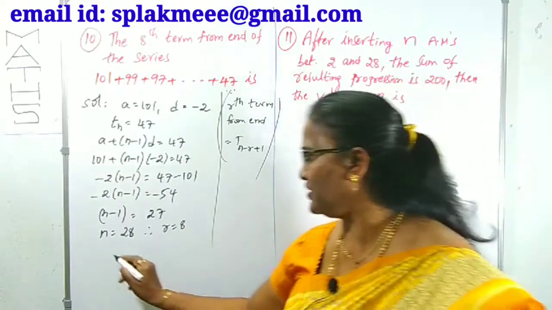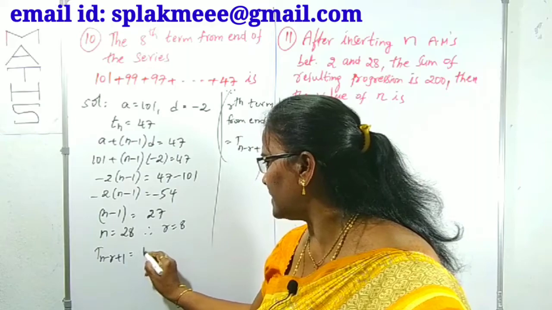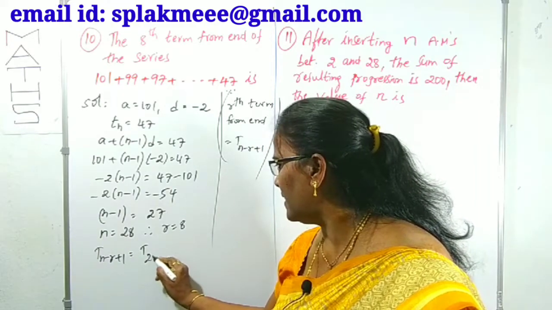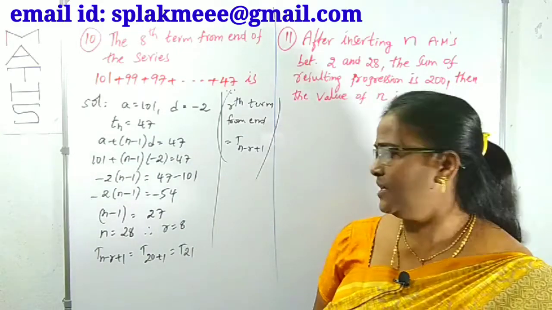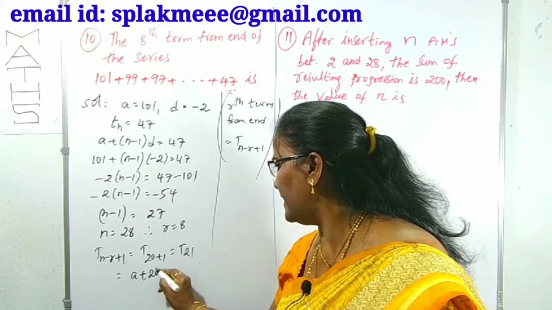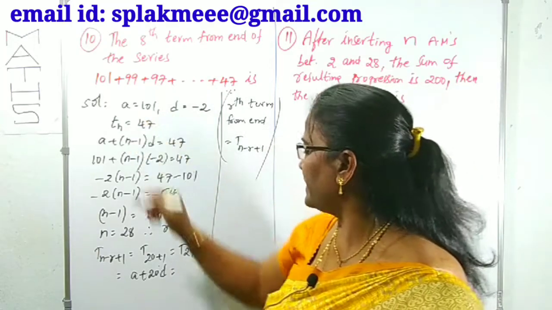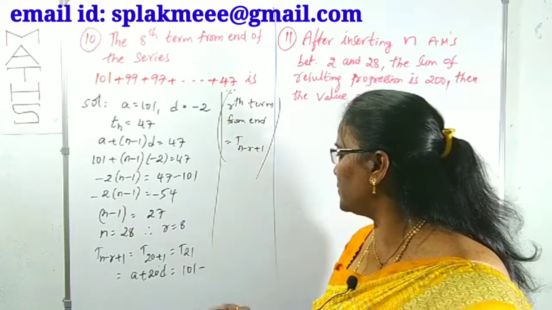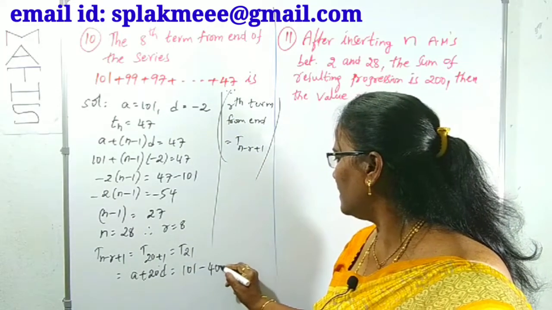Now you have to find t(n minus r plus 1), that is 28 minus 8 is 20, plus 1. We want t21, right? What is t21? a plus 20d. You know the a value already, a is 101, minus 20 into d, which is 2. 20 into 2 is 40 with the minus.